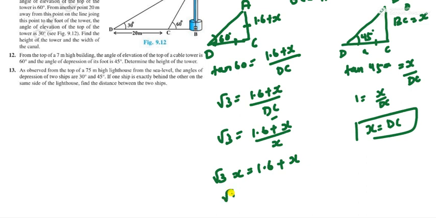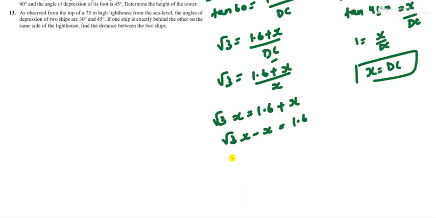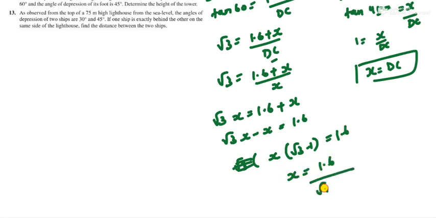Bring this x to this side. Root 3 x minus x is equal to 1.6. So here what is common? Sorry, x is common. So you will get x into root 3 minus 1, which is equal to 1.6. So x is 1.6 by root 3 minus 1.